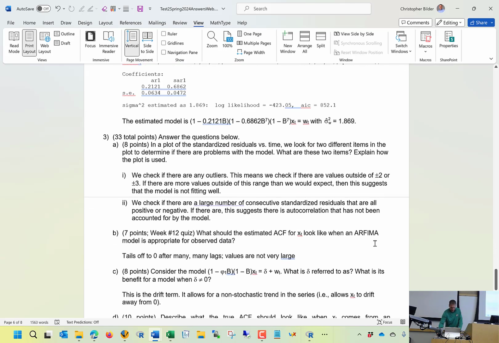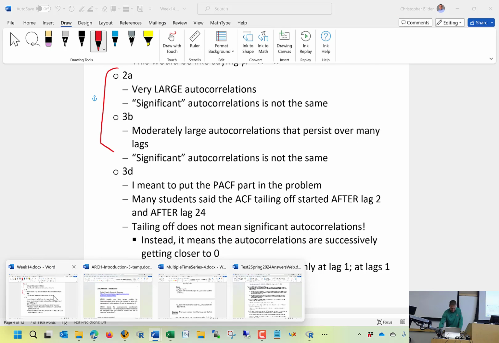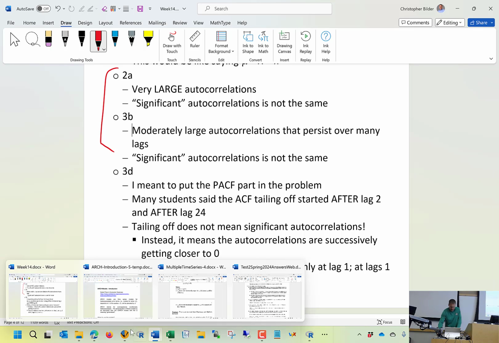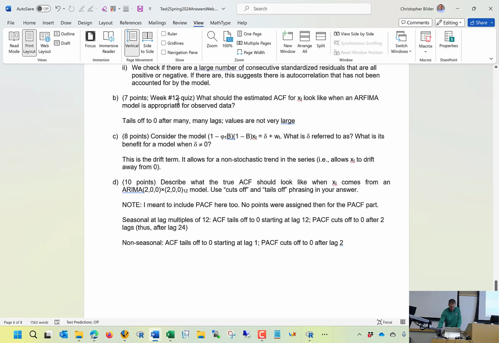Then on 3B, this was a problem dealing with the ARFIMA situation. What should the estimated ACF for X T look like when an ARFIMA model is appropriate for observed data?